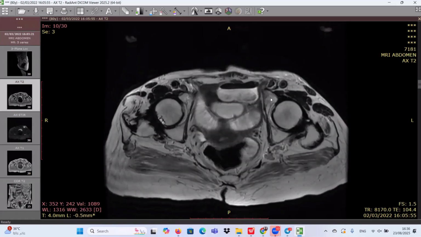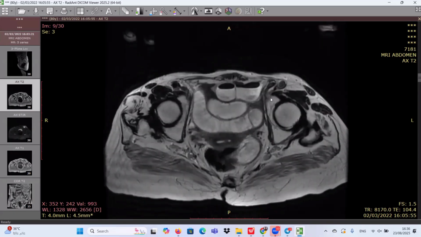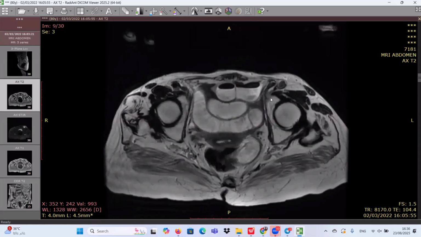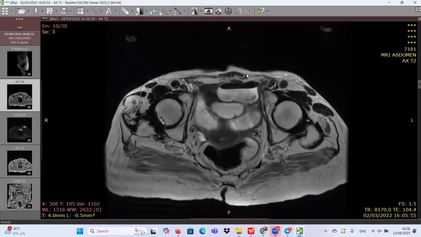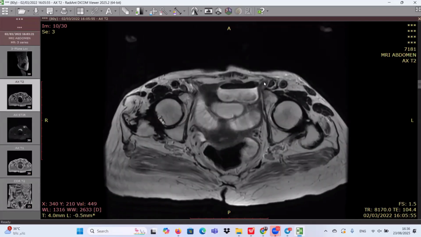The last point to differentiate is difficult in the MRI. I think it will be easier in the CT. Here we have the rectus sheath and rectus muscle, and this is the site of the inferior epigastric artery, coming from the external iliac artery. If the hernial sac is lateral to this artery, we have an indirect inguinal hernia. If the hernial sac projects medial to this artery, we have a direct inguinal hernia.